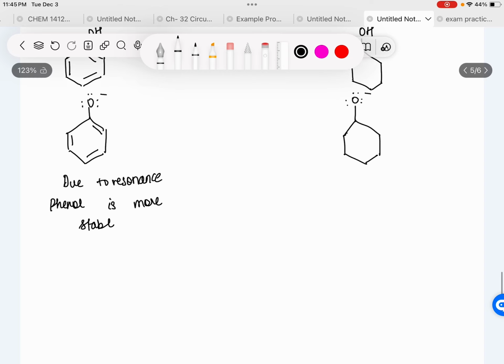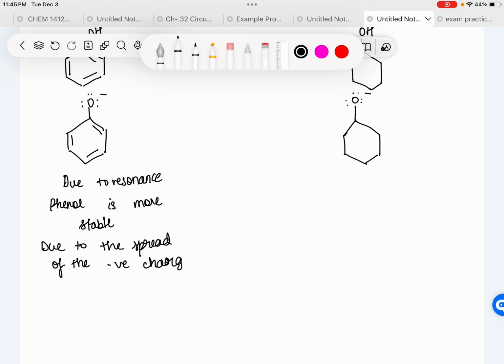This is due to the spread of the negative charge onto the ring.